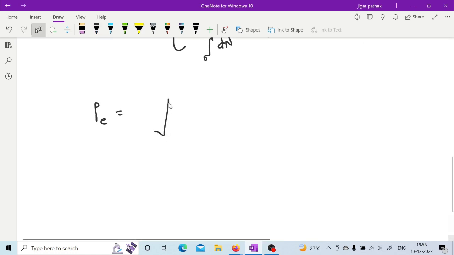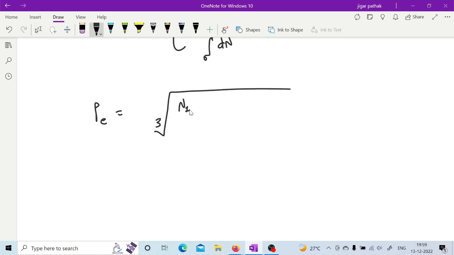PE equals N1 P1 cubed plus N2 P2 cubed plus N3 P3 cubed, divided by N. We have calculated the total N as 575. So can anyone tell me what is this PE?